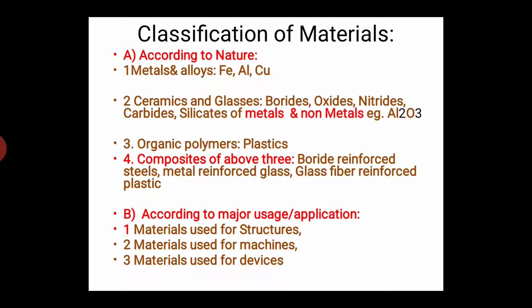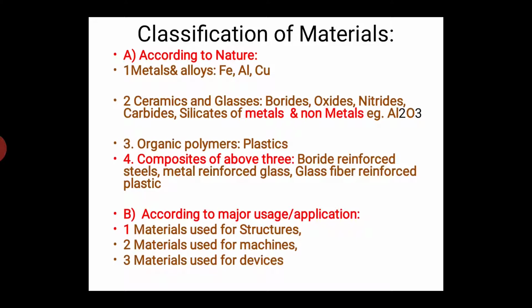That is nothing but a metal. And alloy means a mixture of two or more elements. It may be a metal or non-metals. By using that, we can produce an alloy.